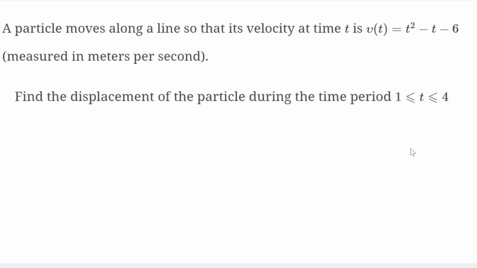So all it's asking for in this problem is the integral from 1 to 4 of the velocity function. When we're looking at displacement, we're looking at how far away from where you started are you when you end?